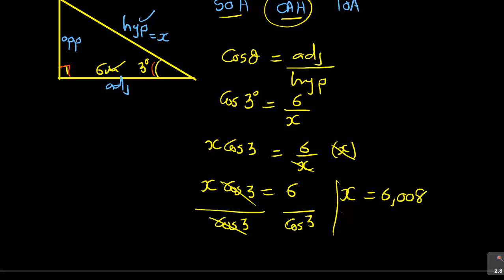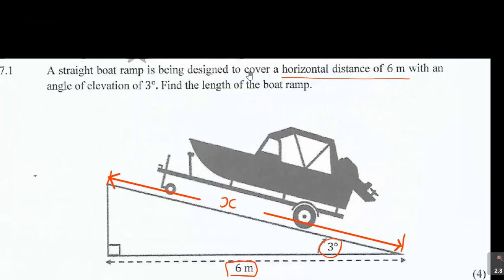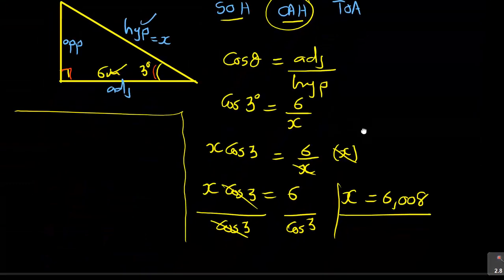6.008 to 3 decimal places. Now you need to find out what the question was all about again. The question was, a straight boat ramp is being used to cover a horizontal distance of 6 meters with an angle of elevation of 3 degrees. Find the length of the boat ramp. Now the length of the boat ramp is what we found.